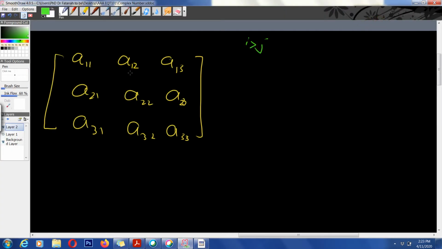Where is i greater than j? Here, 2 is greater than 1, and here 3 is greater than 1.